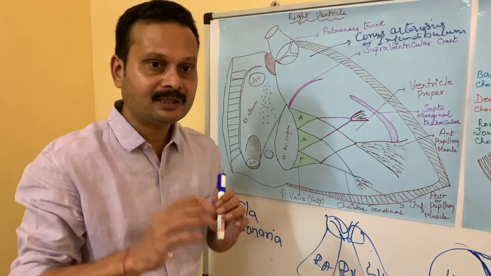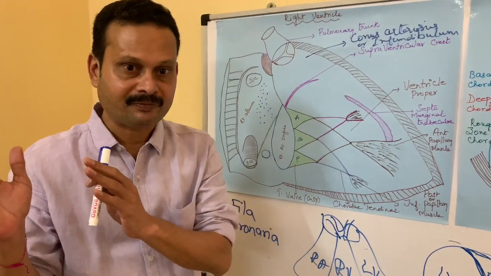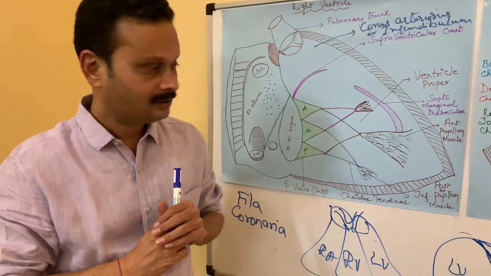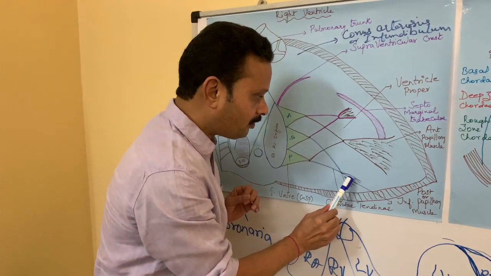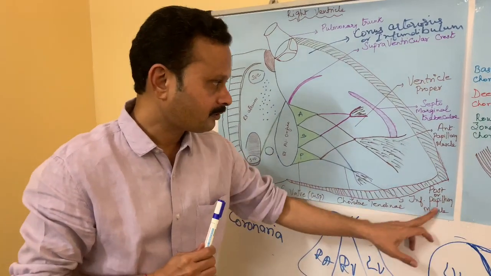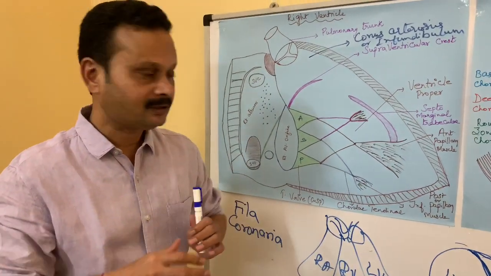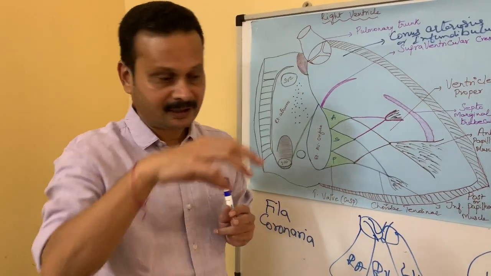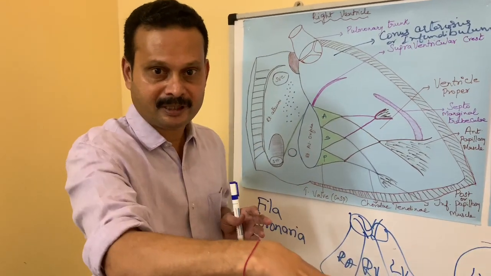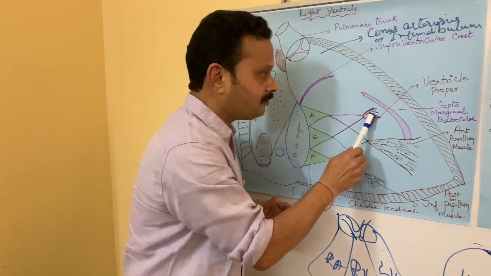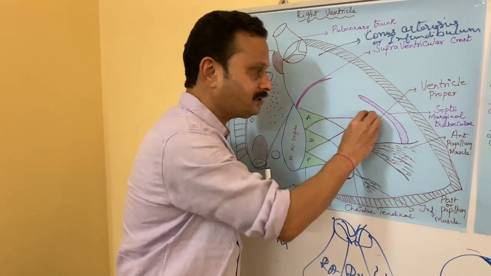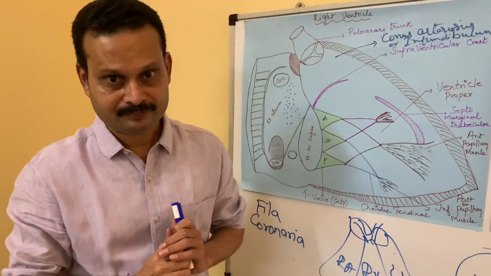Anterior papillary muscle is attached to the sternocostal surface, and from its base the septomarginal trabecula extends. Posterior or inferior papillary muscle is attached to the diaphragmatic surface or the base. Septal muscle, when present, is attached to the interventricular septum.